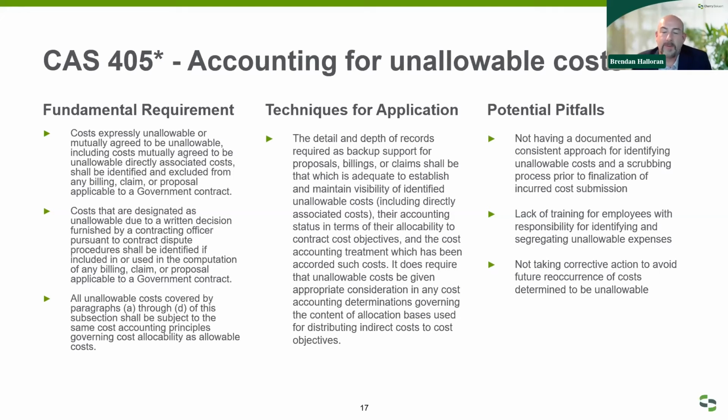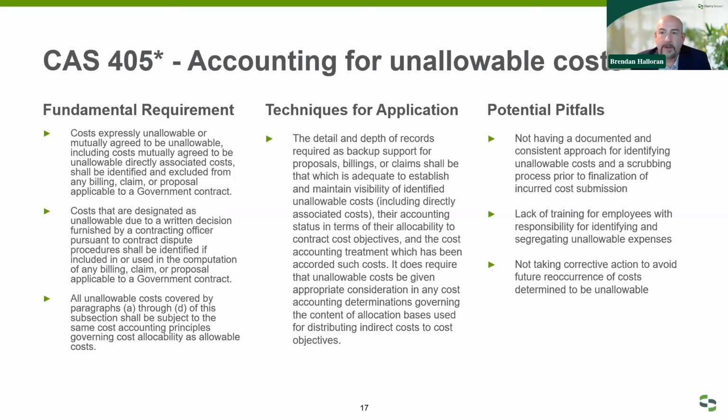And also I think one of the areas that some contractors overlook or don't consider are the directly associated. And from an audit perspective, they really do kind of zero in on what you've already removed from your claim as unallowable, which is really what the procedure you should be doing.